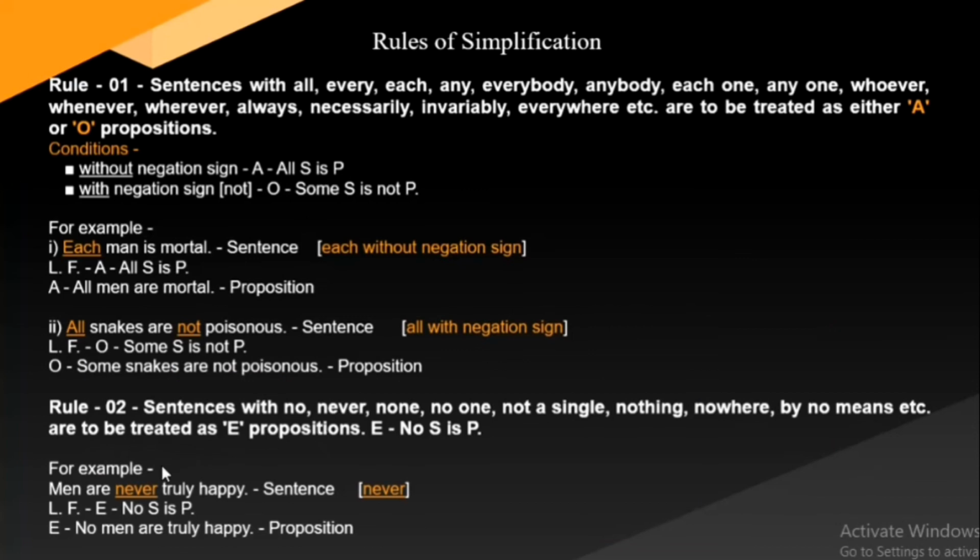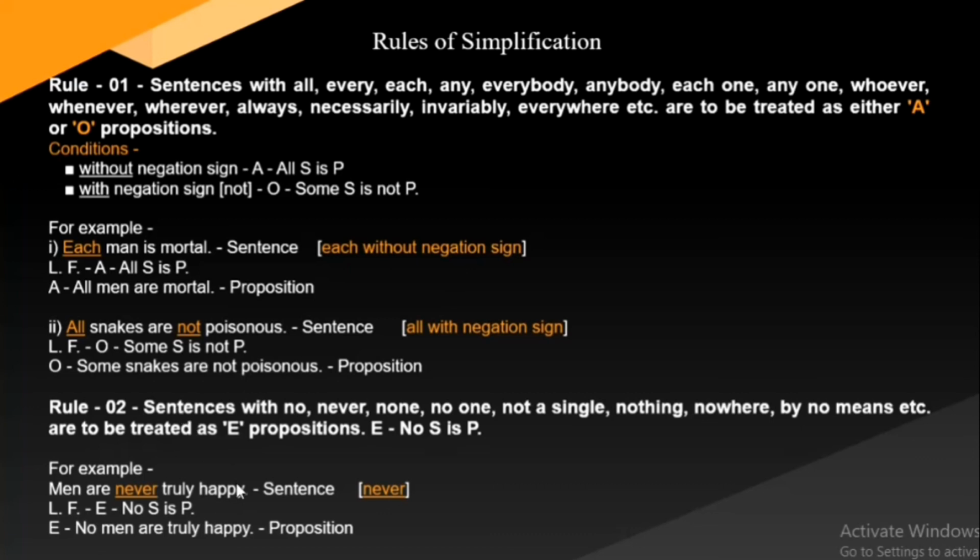For example, men are never truly happy. In this sentence, there is a word never of rule 2. So, this sentence is with a word of rule 2.